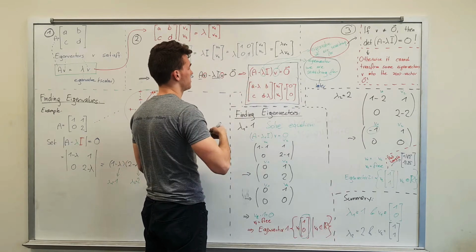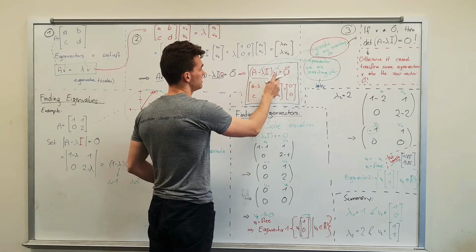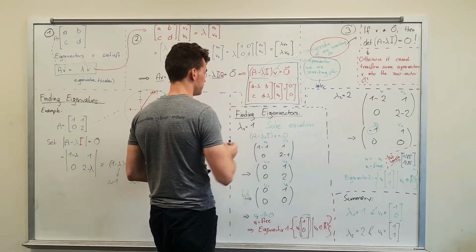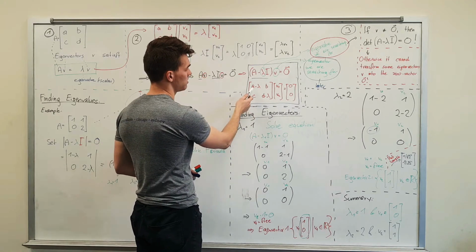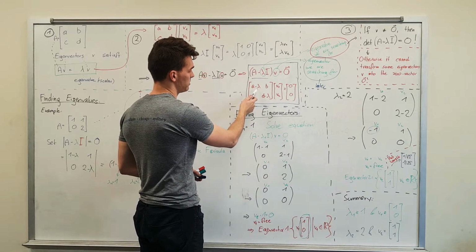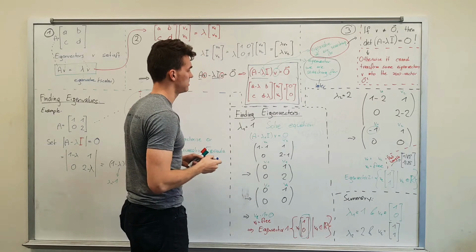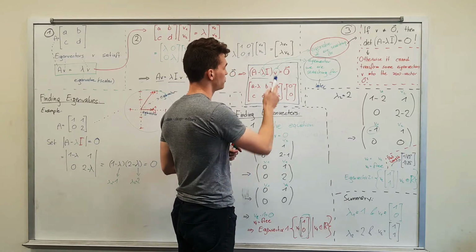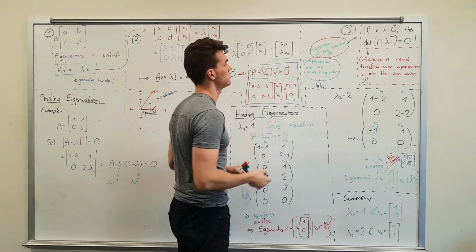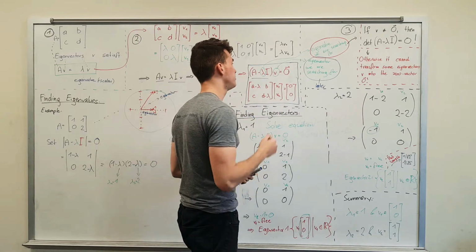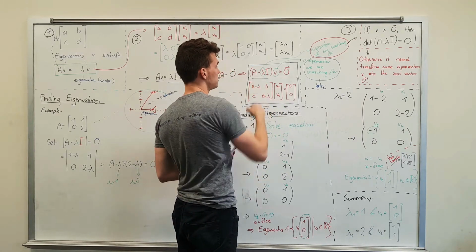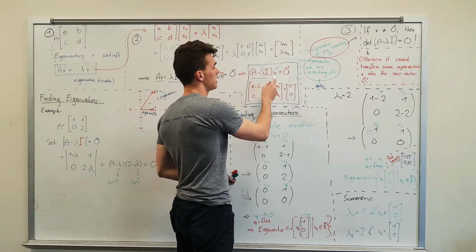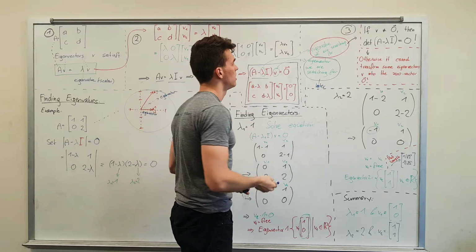So we have A minus lambda identity, v equals the zero vector. It looks like this. We just have the lambda subtracted from the diagonal. And if we solve this system, we can find two things. We can find the eigenvalues, and we can find the eigenvectors.